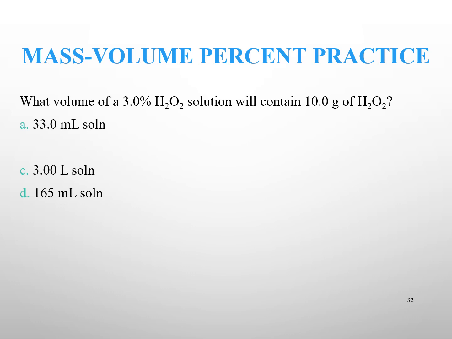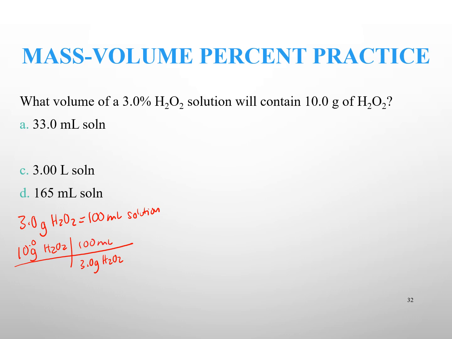And you also know the ratio, which is 3 grams of H2O2 that can be found in 100 mils of solution. Okay? And you know that you want 10.0 grams. So then you do 3 grams of H2O2 can be found in 100 mils of solution.